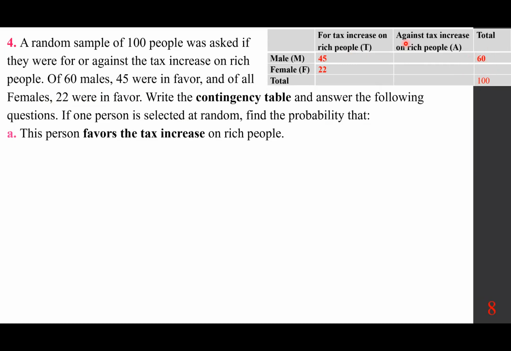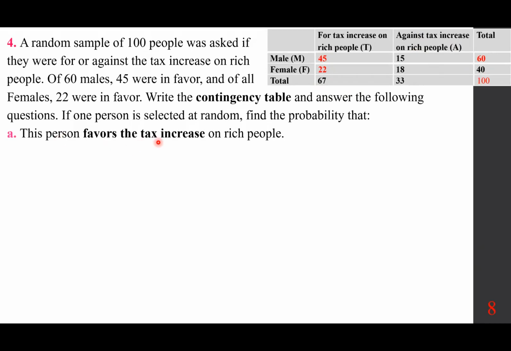This is 60, this is 45, 60 minus 45, this must be 15. Now we said it's 40 here, minus 22 must be 18. Now add these two up, 22 and 45 is 67. You can add these two up or say 100 minus 67 is 33. So you can fill up the rest accordingly. So the very first thing is to come up with the table properly.